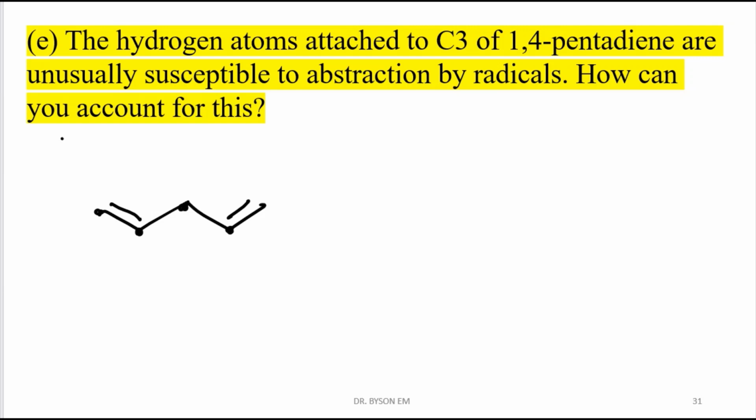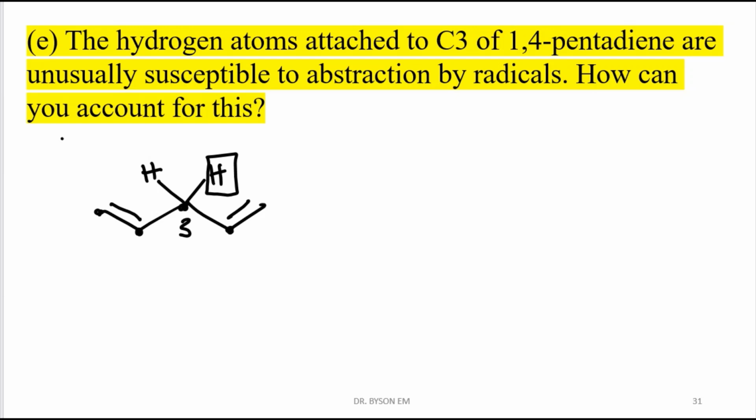And they're saying that these hydrogens here are usually susceptible to abstraction by radicals. How can you account for this? So the high susceptibility of the hydrogens on C3, this carbon here, on C3 of the reactant are allylic carbons, hydrogens rather.